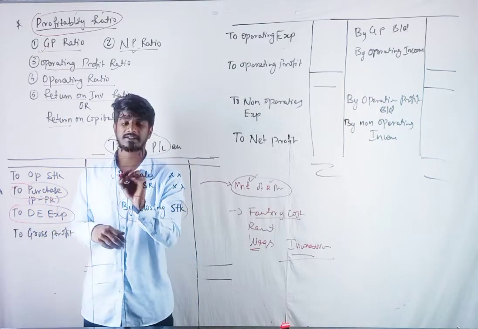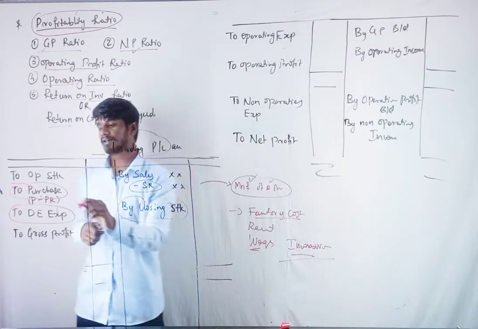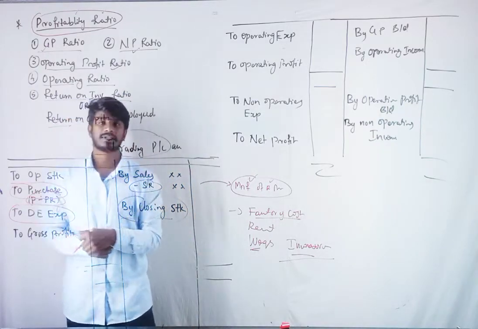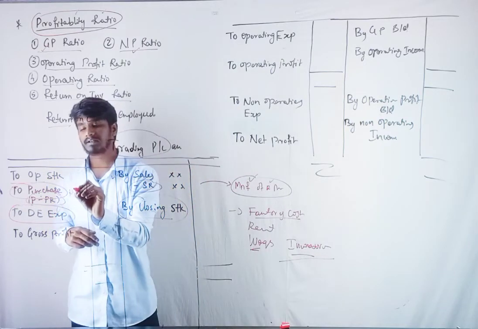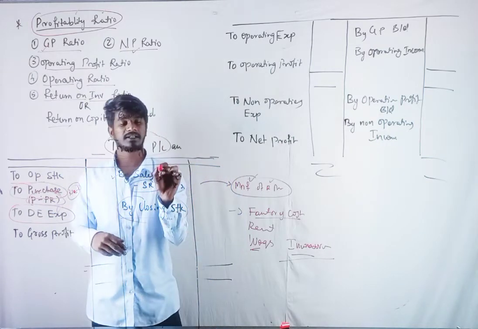And we have sales directly attributable. Yes, absolutely, we will minus the sales return, and here purchase minus purchase return, we will net it. We will write the net amount of purchase and sales.